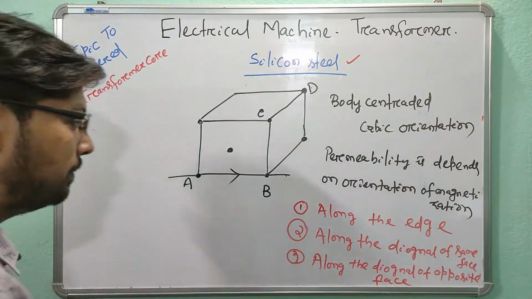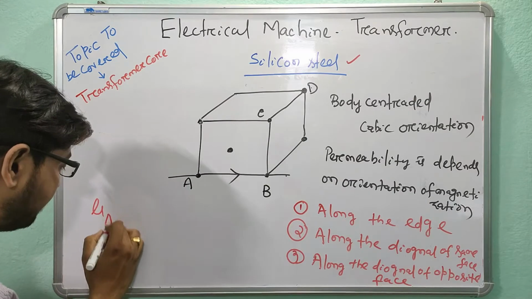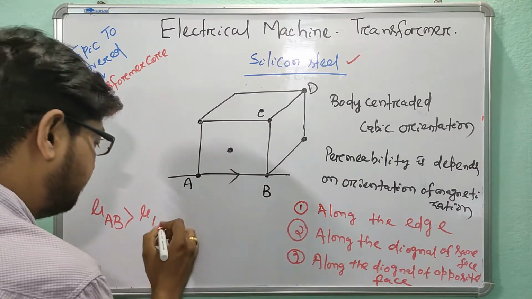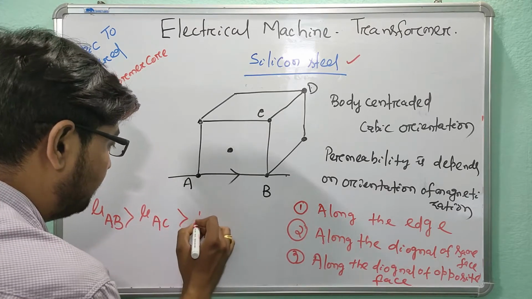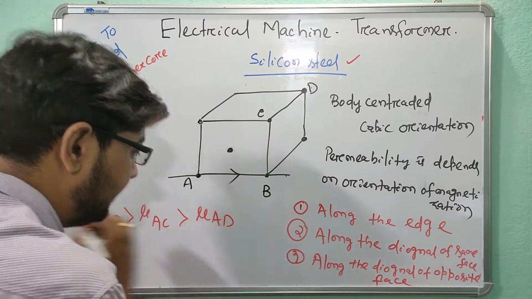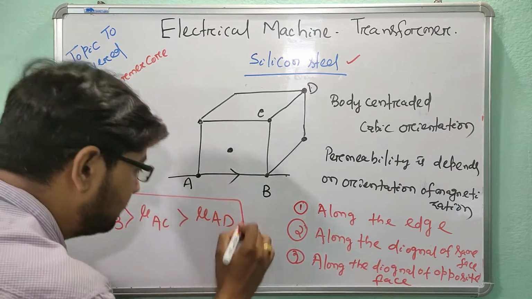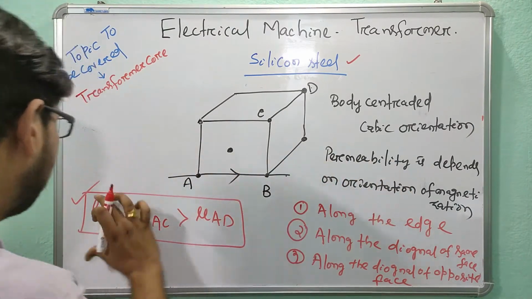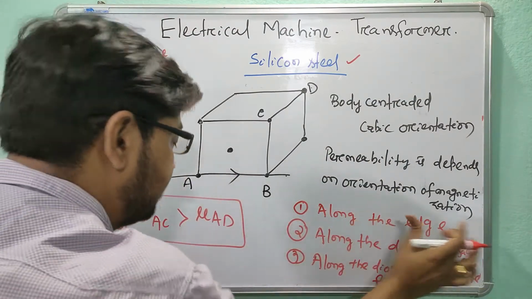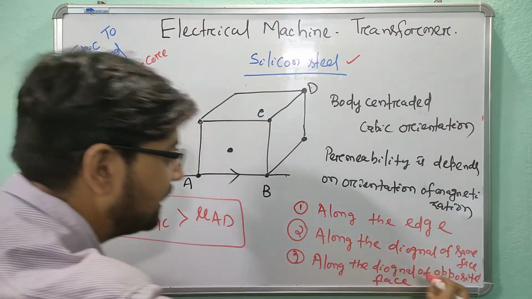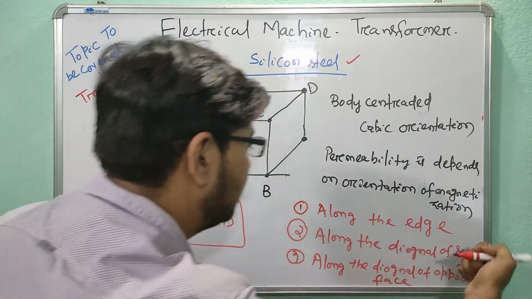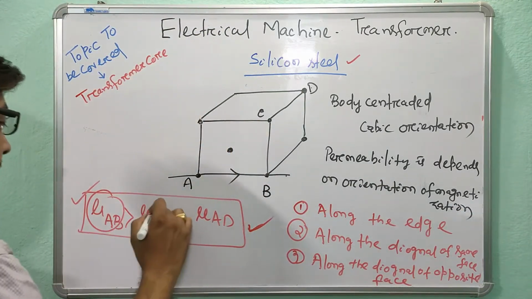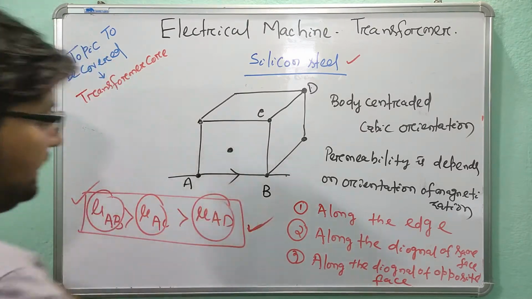Now mu AB is greater than mu AC is greater than mu AD. The permeability along the edge is greater than the permeability along the diagonal of the same face or the diagonal of the opposite face. So mu AB is greater than mu AC and mu AD.